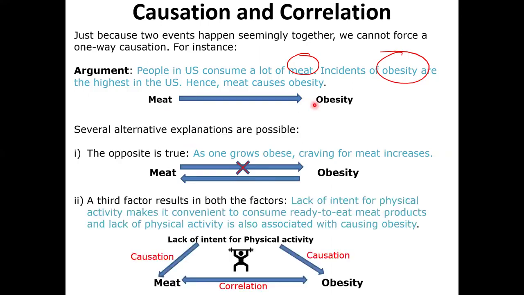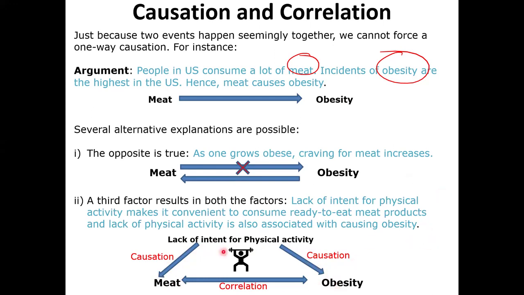Another way to challenge this would be a third factor that results in both factors. Lack of intent for physical activity makes it convenient to consume ready-to-eat meat products, and lack of physical activity is also associated with causing obesity. Notice what this option does: it introduces a third factor that results in both factors. Lack of intent for physical activity makes it convenient to consume meat, and lack of physical activity causes obesity.